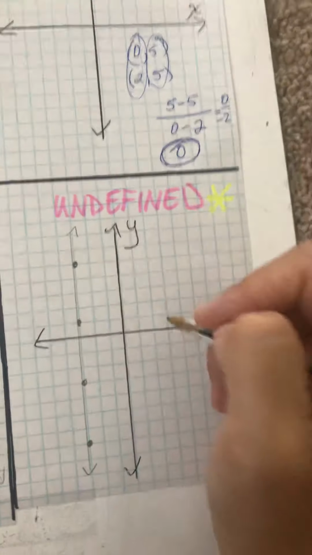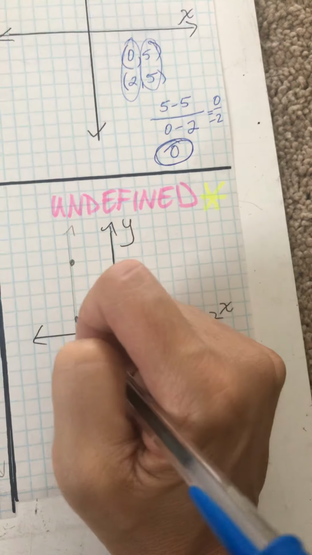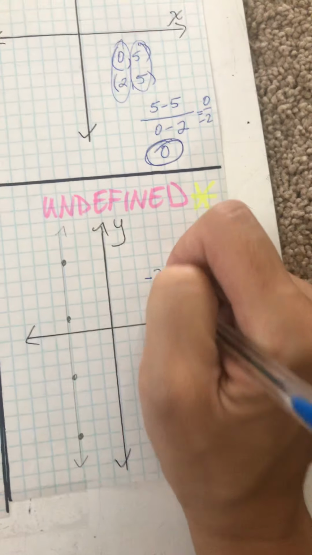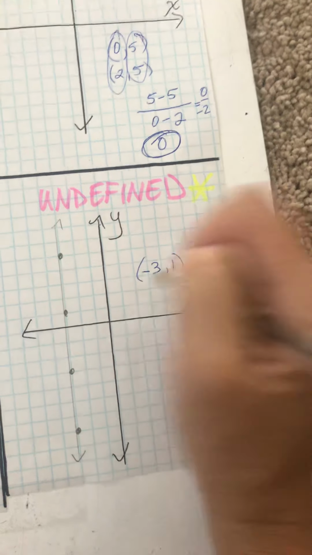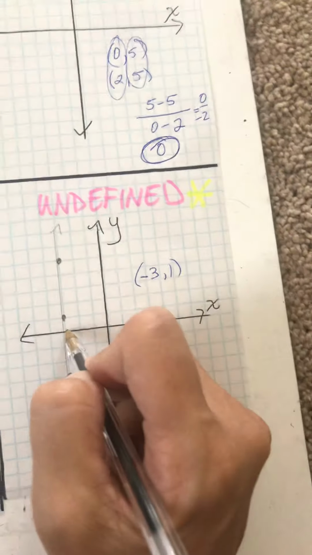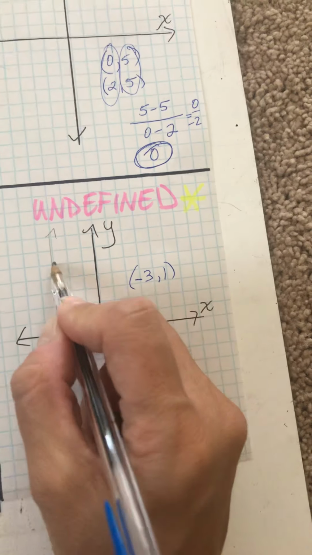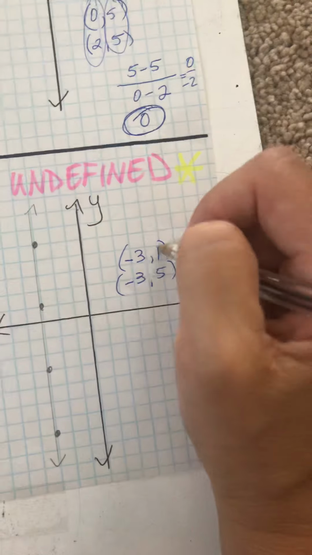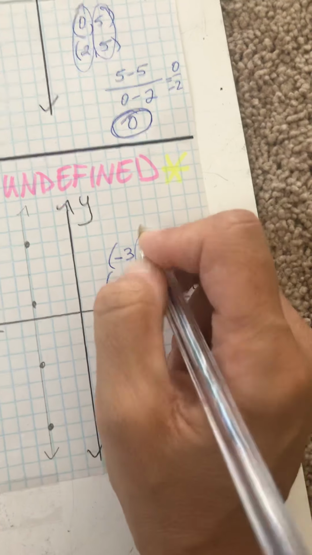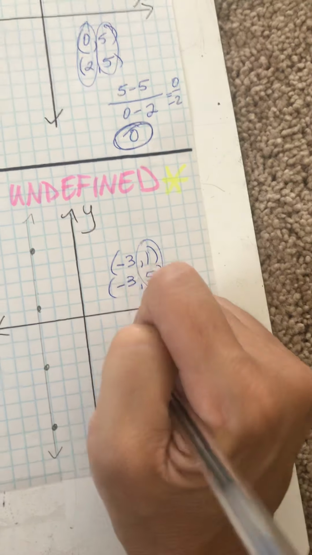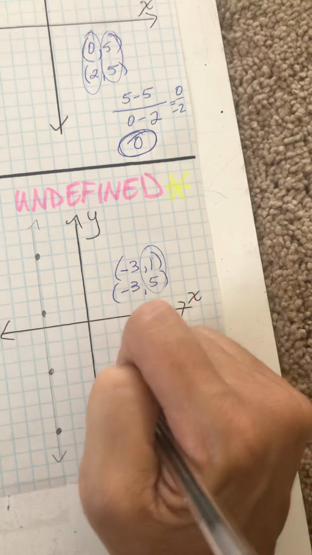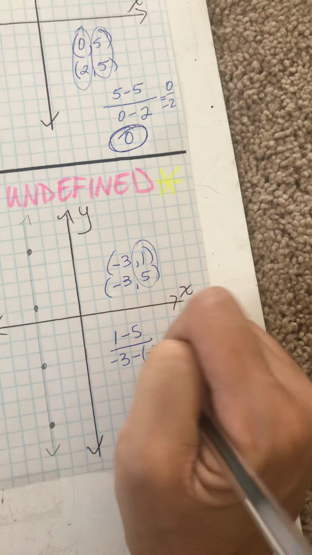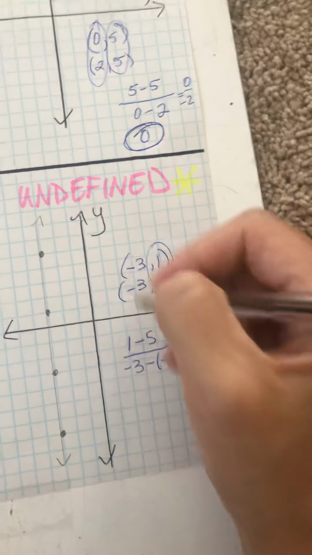Undefined, we'll do the same thing, pick some points, 1, 2, 3, so that's -3, +1, and let's say I'm still at -3, 1, 2, 3, 4, 5, and now I'm just going to do the same thing. Again, your y values are the ones in the numerator. Your denominator values are your x's.